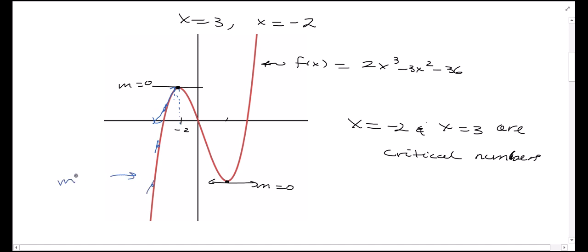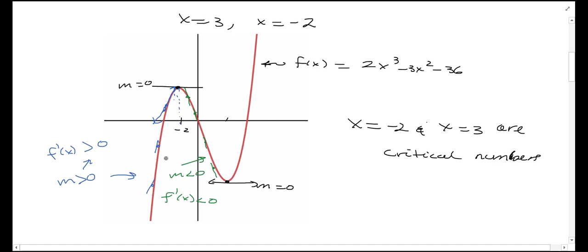So the slope here is greater than 0, which means the derivative of the function is greater than 0. And then what happens on the other side? You hit 0, the horizontal tangent line, and then what happens to the tangent lines on the other side over here? Notice that now their slopes are negative values. So here, the slope is negative. So that means that the derivative is negative.